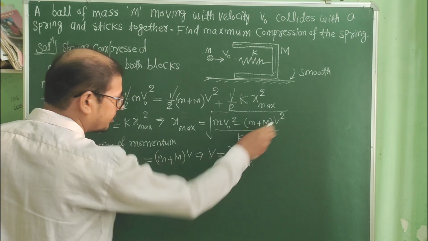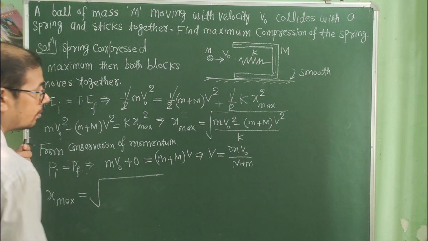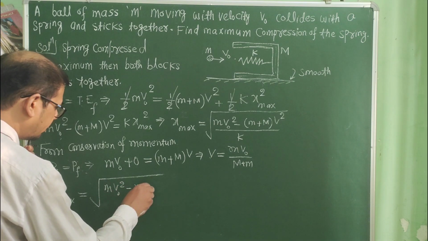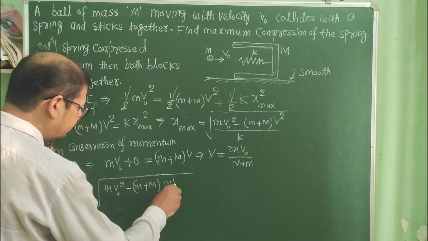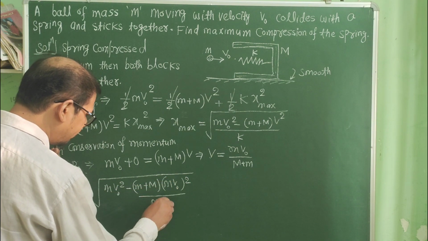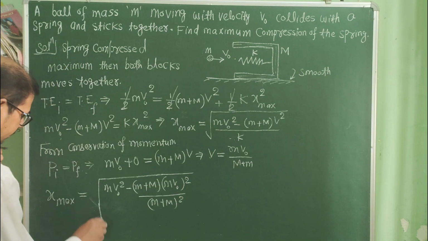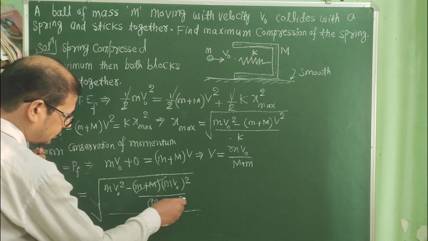Now this value is put here. We get x max equals the square root of m v naught square minus small m capital M and v, m v naught square divided by small m plus capital M square, divided by k. We can write this and this cancel. Okay.